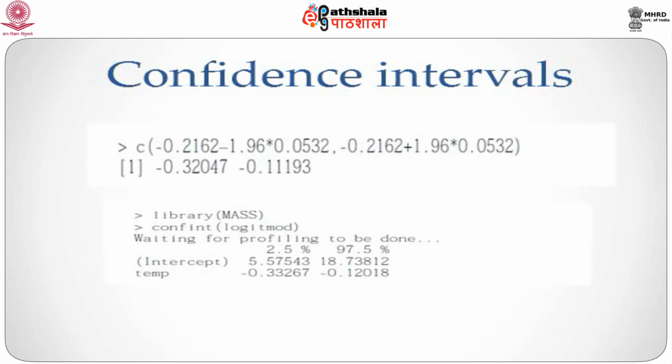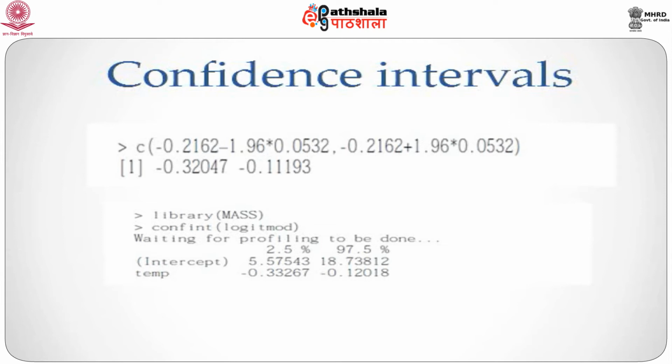We can get the confidence intervals using the first two columns of the coefficients, which is the estimates and the standard errors, and the critical value of 1.96 for the normal distribution. This has been done in the first line of code, but there is also an alternative way of getting the confidence intervals, which is by using the confint function.